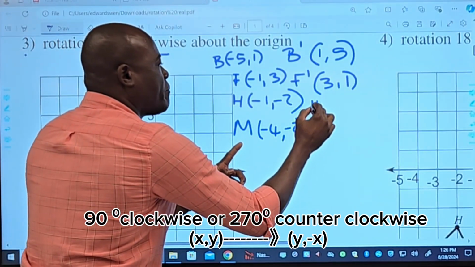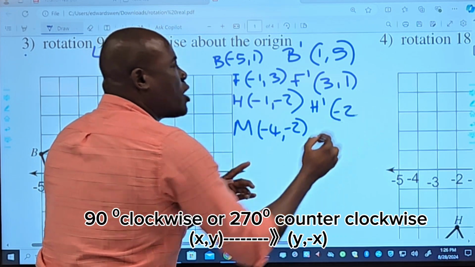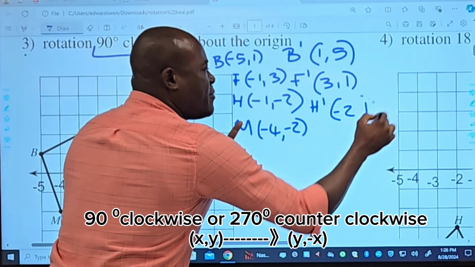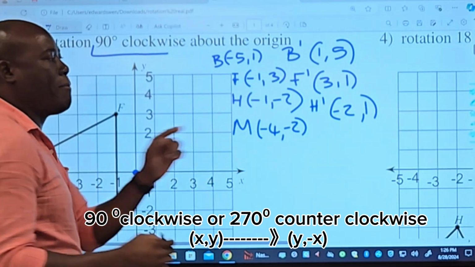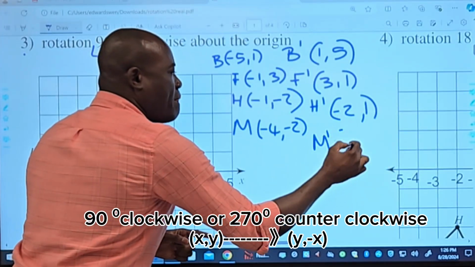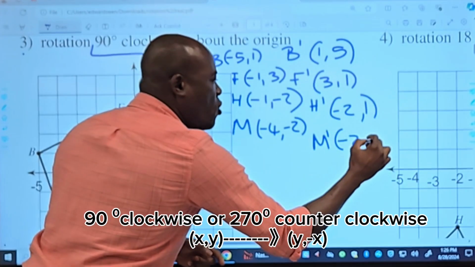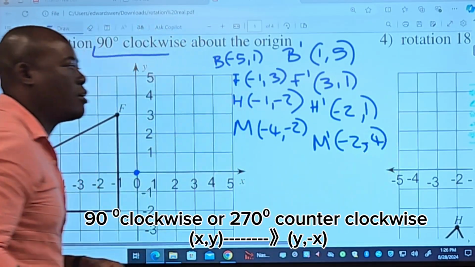H prime, negative 2 comes to the front, that's fine. But the negative 1 becomes positive 1 at the back. M prime, negative 2 is okay at the front. The one that goes at the back changes. So this will be positive 4.